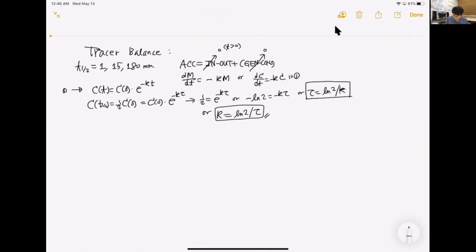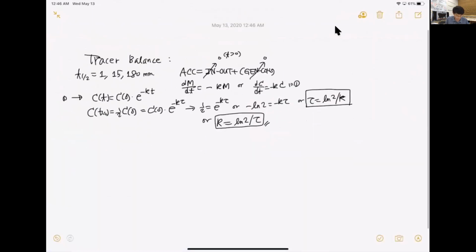Now we have C of T equals C0 times e to the minus KT, let's say equation 2. Let's take a log of it. Then ln of CT becomes ln of C0, which is a constant, minus KT, since the log of the exponential is the exponent itself.